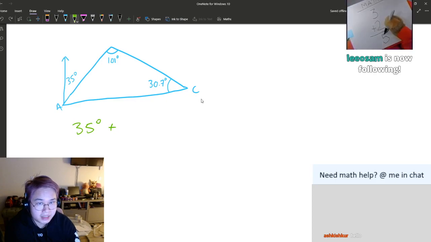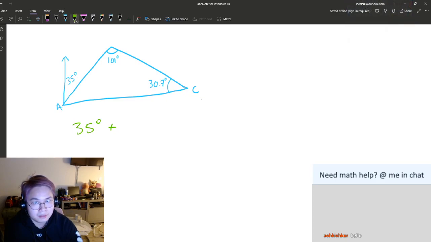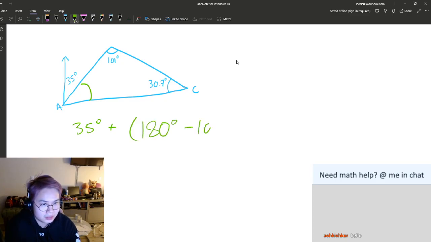And then I'm going to add this angle, the third angle in the triangle, which I do need to find. Can't change to blue. Oh well. I need to find this angle. Of course, that angle is 180 subtract the other two angles.